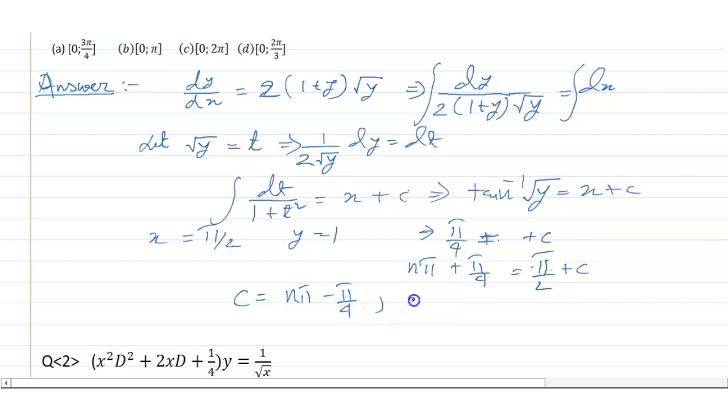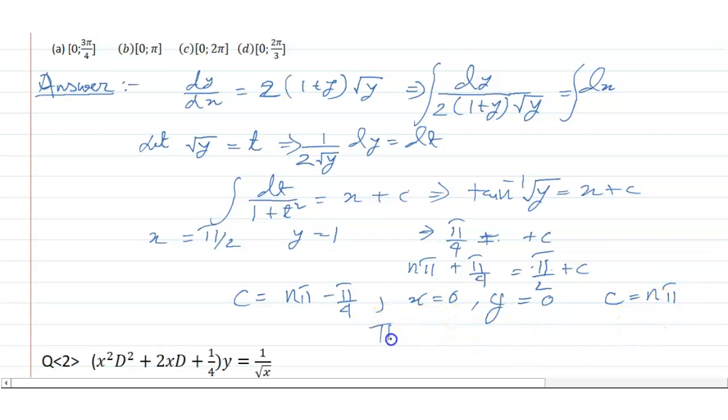When x equals 0, y equals 0, so whatever I get, c is equal to nπ.